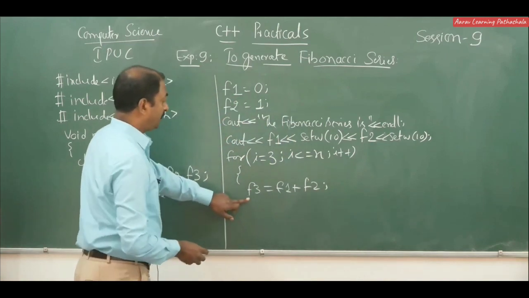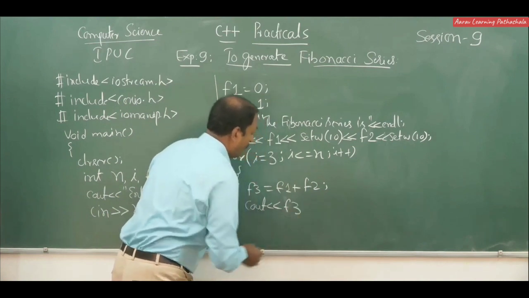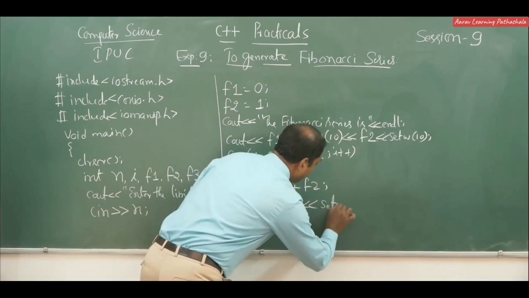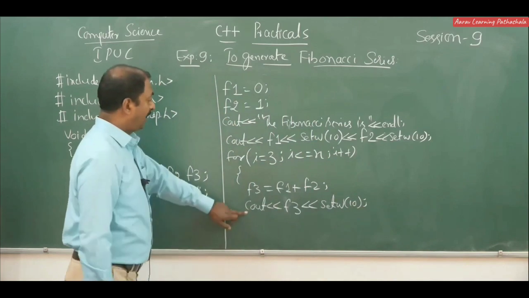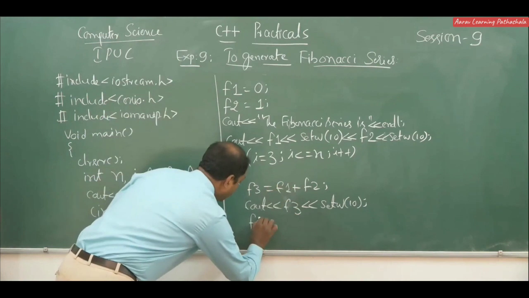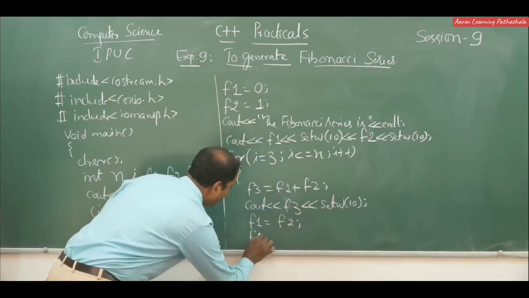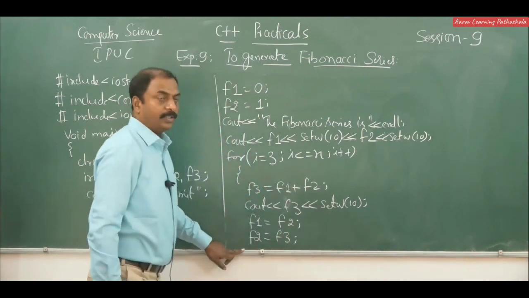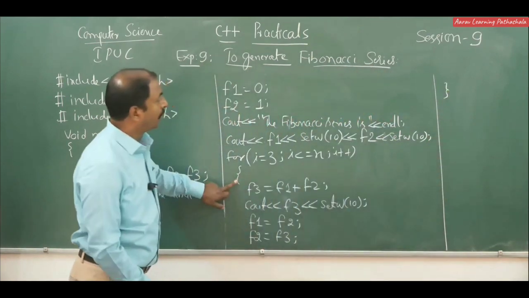Now we have to print the third term, f3, and here setw and semicolon. Next we have to assign the variables: f1 equals f2 semicolon, f2 equals f3 semicolon. We have to close this for loop here.